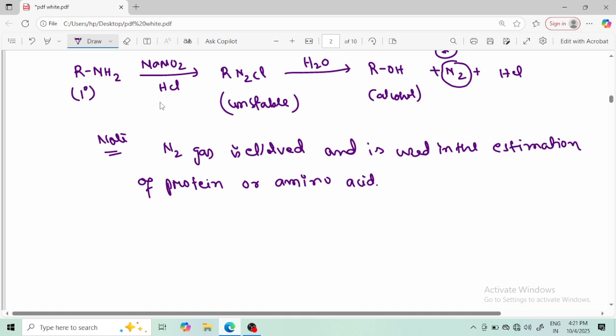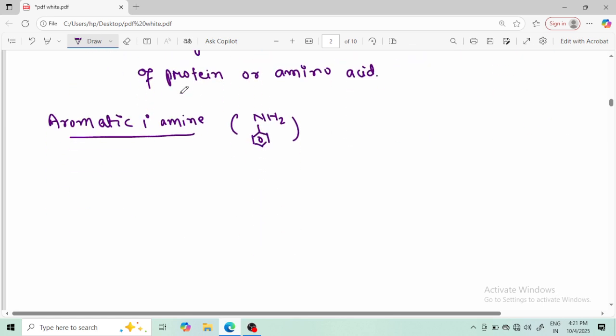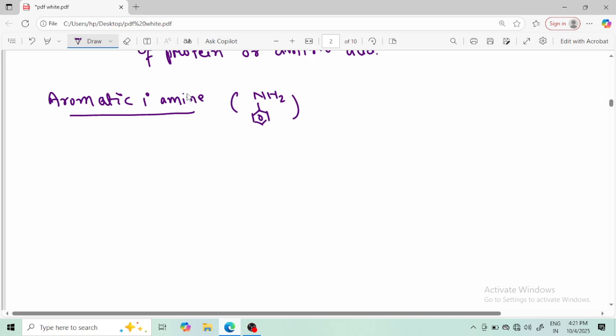Now if it is 1 degree aromatic amine, the NH2 is directly connected to the benzene ring. Let's say this aromatic amine is reacting with NaNO2 and HCl.